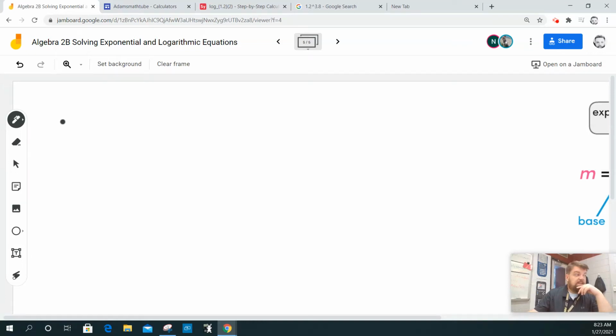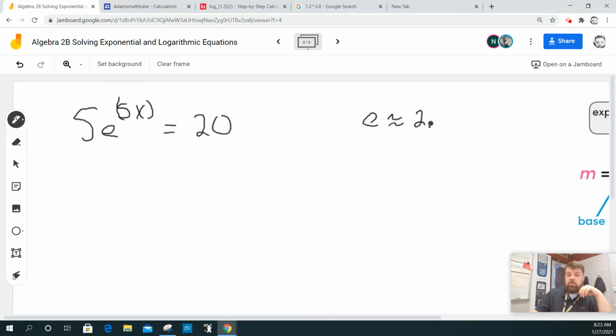All right, so for this next one, this one is 5 times the exponential e, which remember is a number, raised to the 5x, is equal to 20. So remember, e is approximately 2.72-ish.